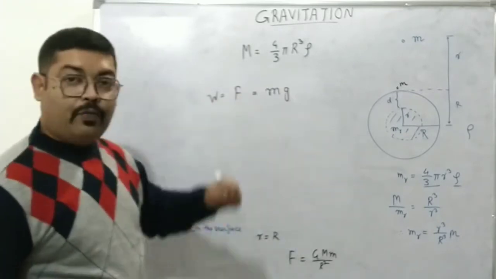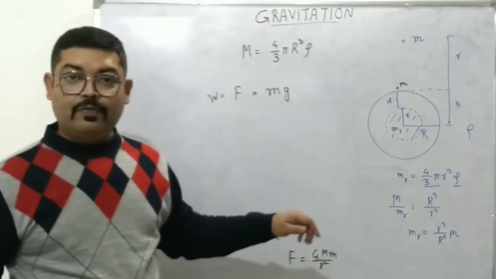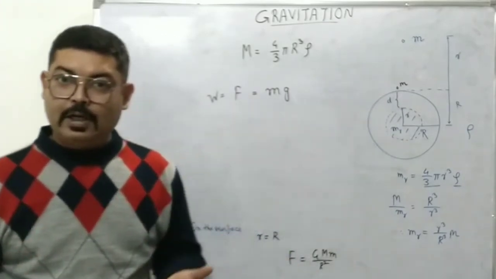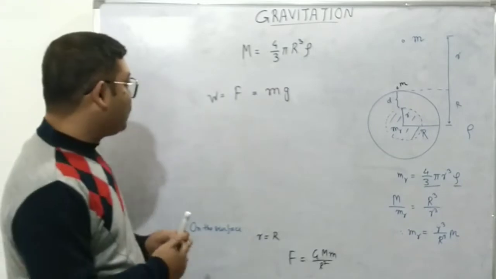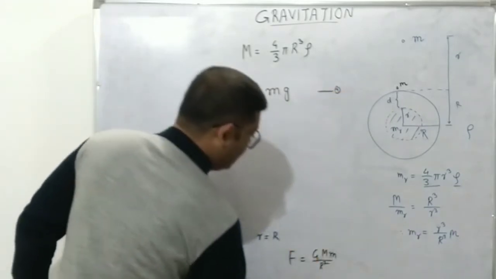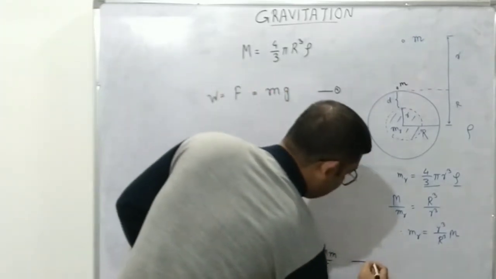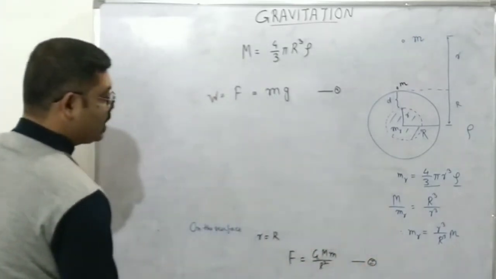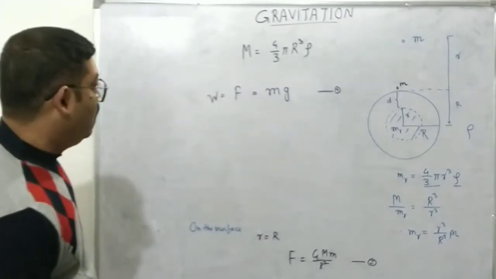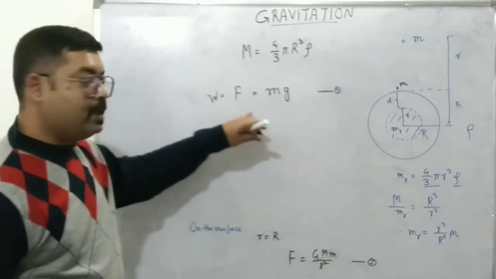However, this force is basically the force of gravity of Earth, or the force of gravitational attraction of Earth, which means the force given by this expression, the weight of the object, and the force given by this expression, these two forces must be equal, right? This gravitational attraction gives us the weight of the object.